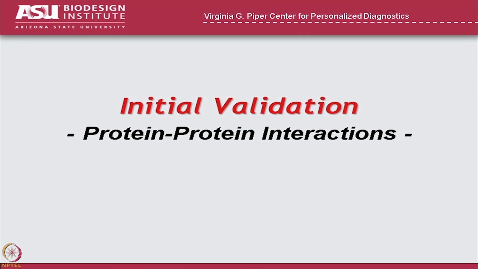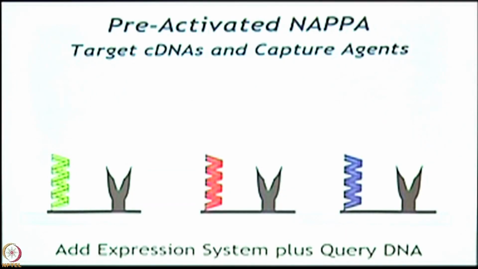All right, so here's how we first tested this. We decided to do protein-protein interactions. So imagine that you have 3 different spots on your array. In fact, we had many more than that, but let's just talk about 3. This one makes the yellow protein, the red protein, and the blue protein. And these are the genes, these are DNA. And then here's the antibody that's going to capture the GST.